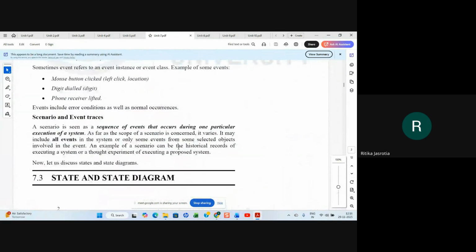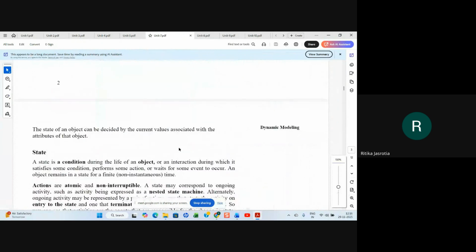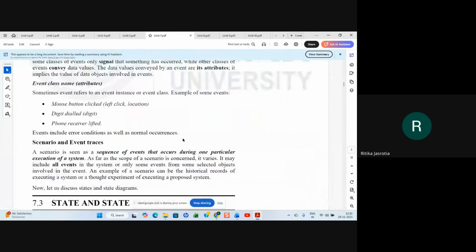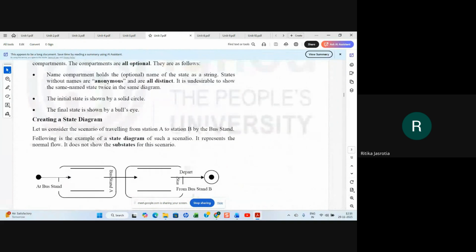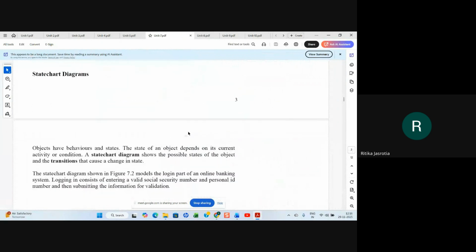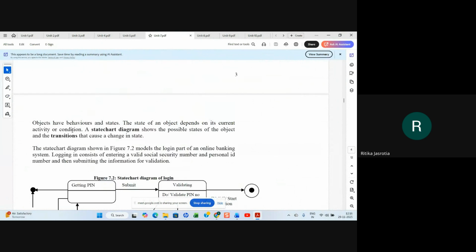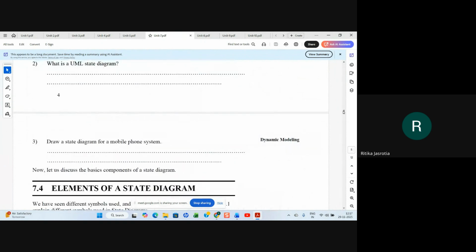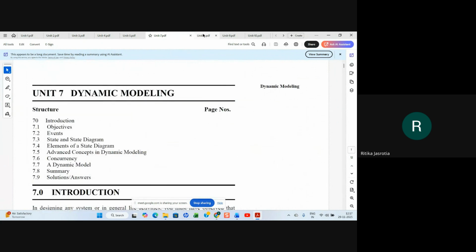The state diagram question can be answered from this also. This is what a state chart diagram is. Objects have behaviors and state. The state of an object depends on its current activity condition. A state chart diagram shows the possible states of the object and transitions. So they are explaining it there, and you can go for that also.